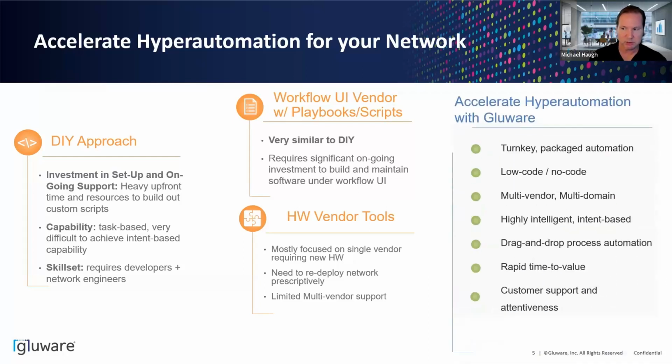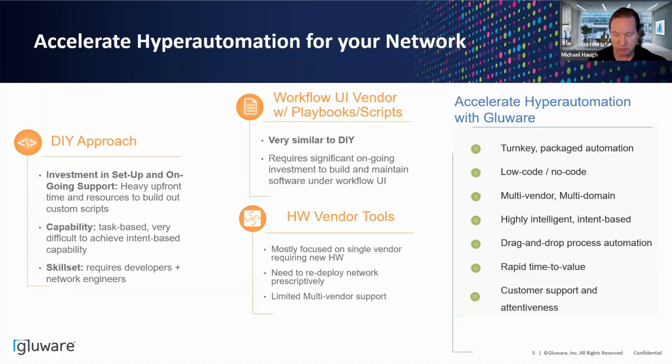And that's where it gets to the Gluware approach and how we help automate hyperautomation related to the network infrastructure. A large degree of it is turnkey, and you're going to see that. It's one of the key things we're showing here through packaged automation with a suite of applications. You're going to see no-code apps. We're not going to get into the low-code side. We're not jumping into the Gluware Lab or anything more complex in this demo, but knowing that you can go there is important.